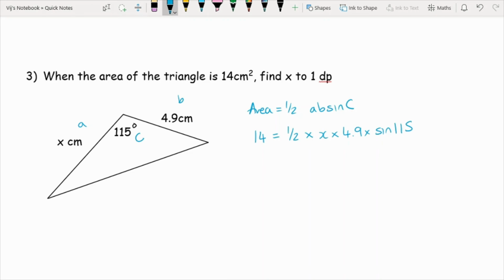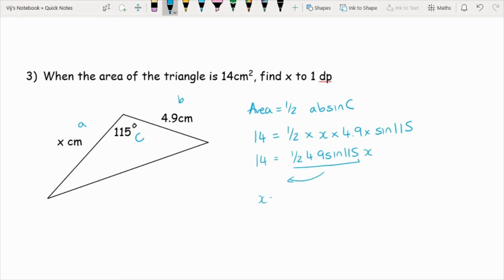If I pull this all together, I get 14 equals 1/2 times 4.9 times sine 115 times x. All I need to do is take this to the other side.